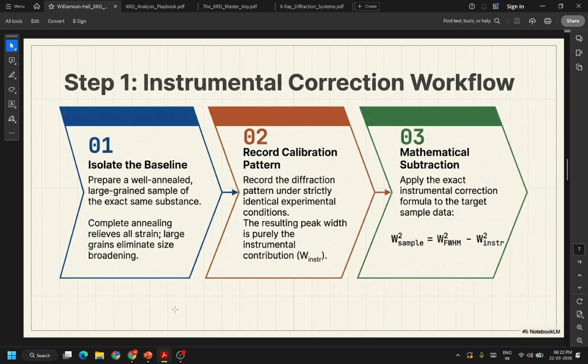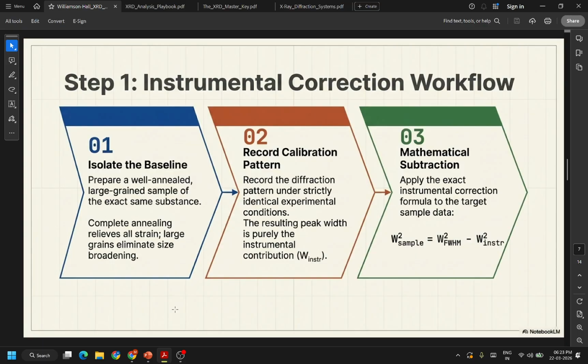For the instrumental correction workflow, you first isolate the baseline. You prepare a well annealed, large grain sample of the exact same material that you are trying to quantify. If it's very well annealed, it will relieve all strain, so you will not get any strain based broadening. And if you take very large grains, it will also eliminate size broadening. So all that you will be left with is your instrumental broadening.